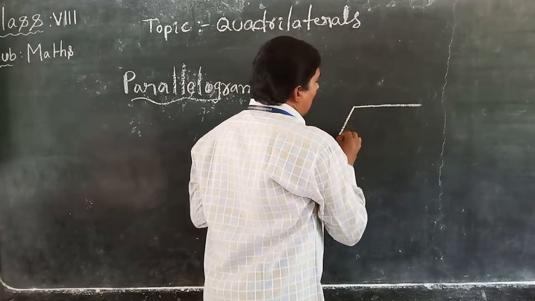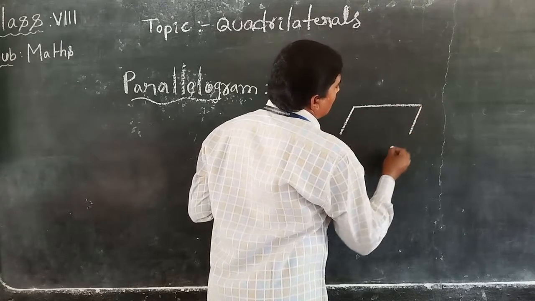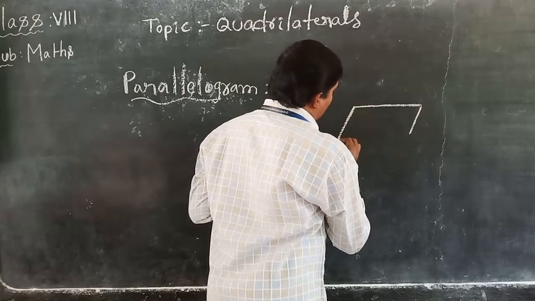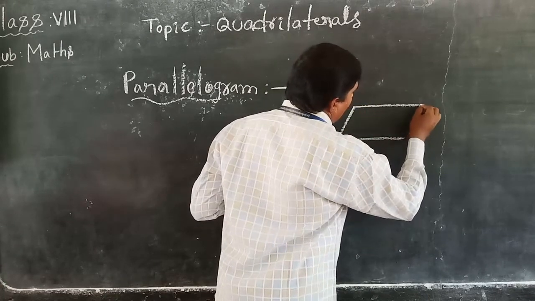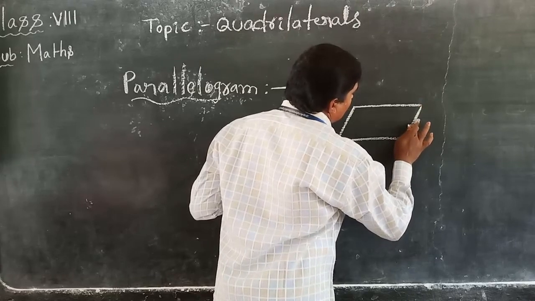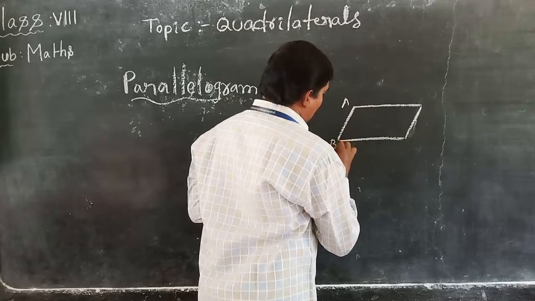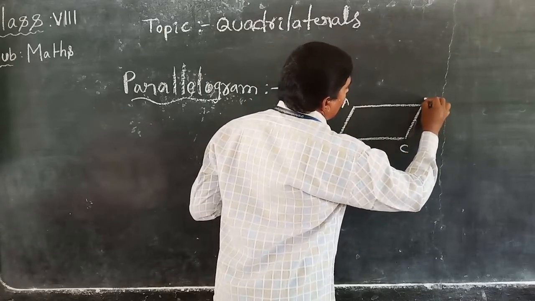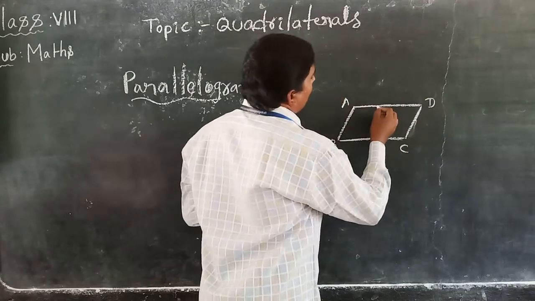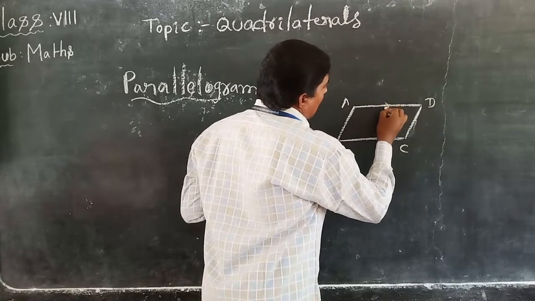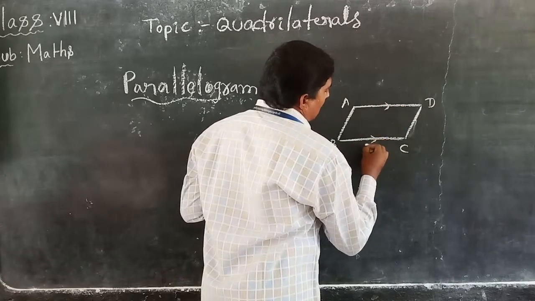Okay, here two pairs of opposite sides are equal and parallel. This is a parallelogram, ABCD. So here AD is parallel to BC.